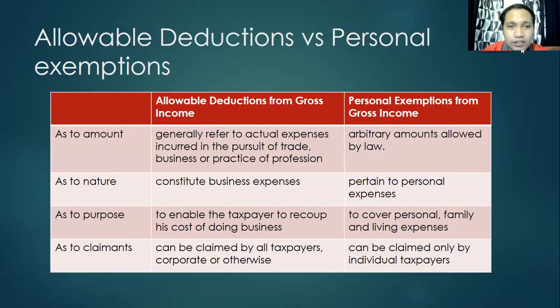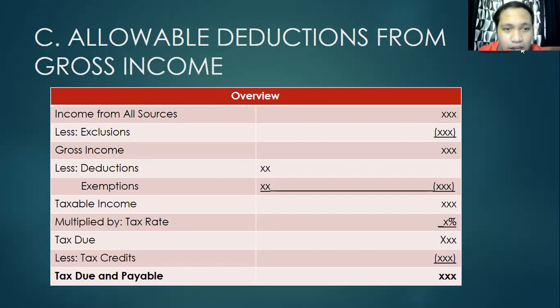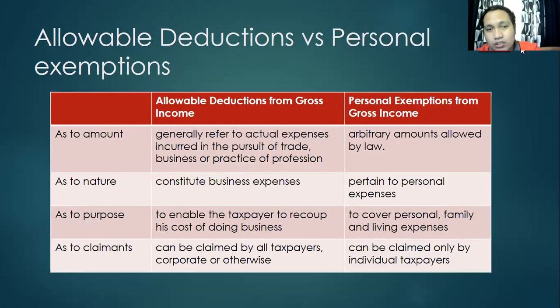So, now, how about allowable deductions versus personal exemptions. So nakita niyo dito sa formula natin, we have yung mga dinededuct sa gross income are the deductions allowed by law and exemptions. So, ano bang differences nun? Parehas lang sila dinededuct sa gross income. Well, as to amount, yung deductions generally refer to actual expenses incurred in the pursuit of trade or business or practice of profession, while personal exemptions refer to arbitrary amounts allowed by law.